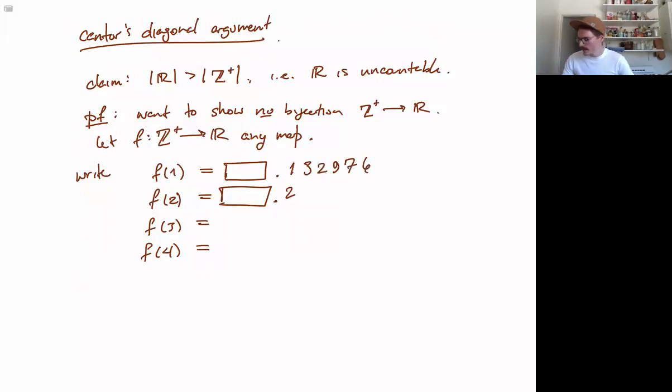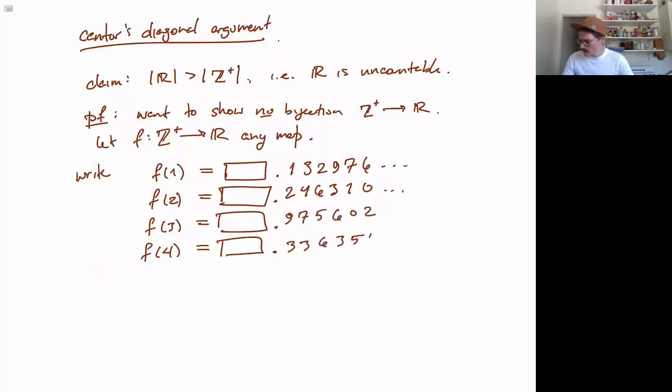But I'm just going to write something down for concreteness. So let's get some random numbers in here. Okay, and the list goes on. So on, so on.